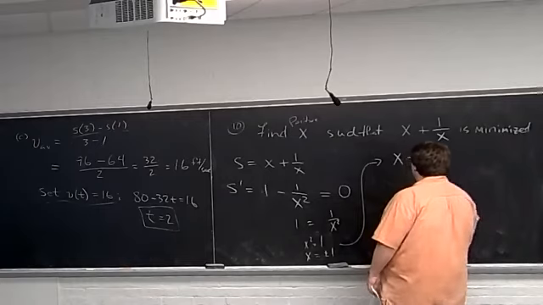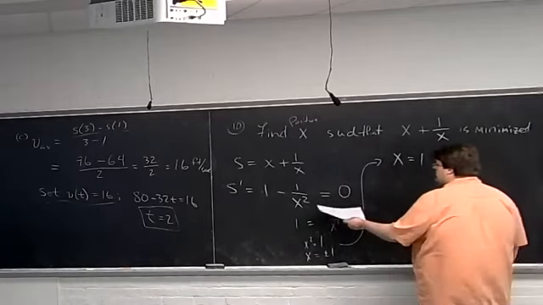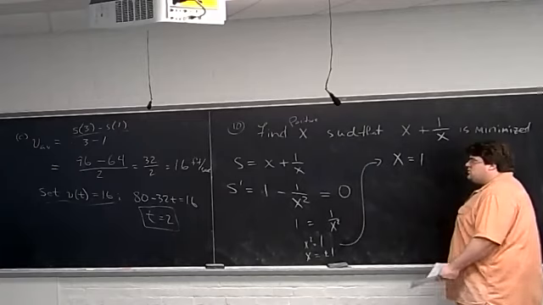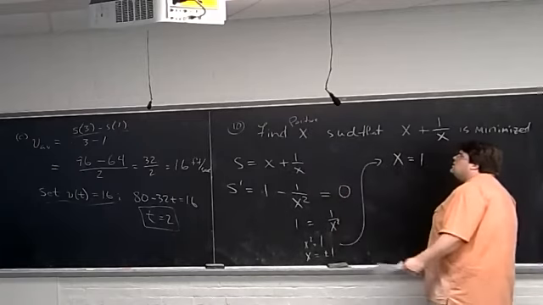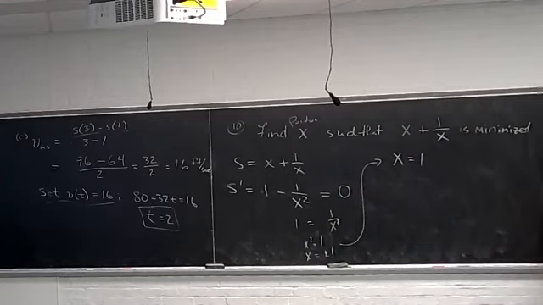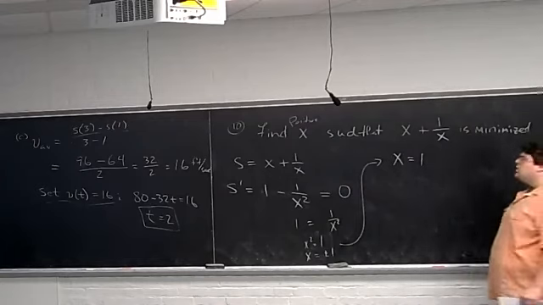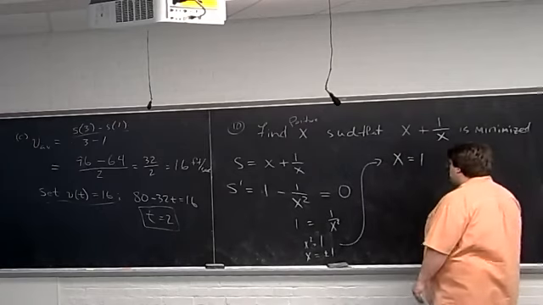Notice that we also would have to find where the derivative is undefined. It's undefined at 0, which is also not a positive number. So where it's undefined actually doesn't matter in this case. But we have a candidate, x equals positive 1.